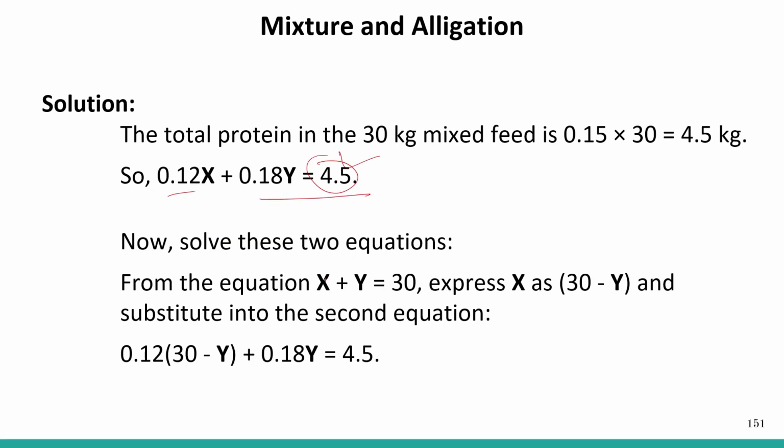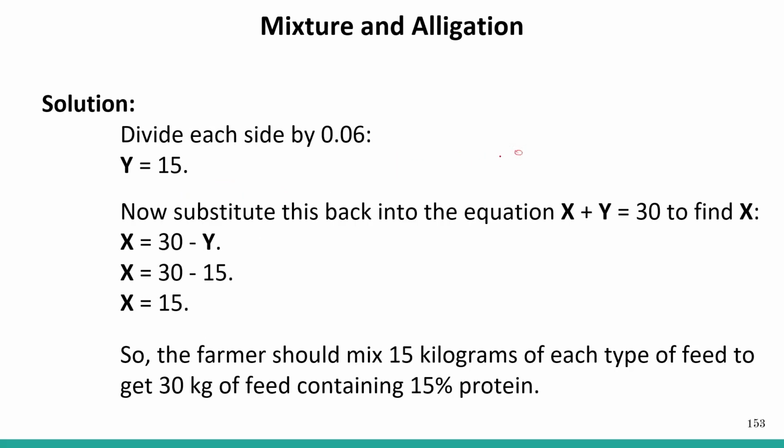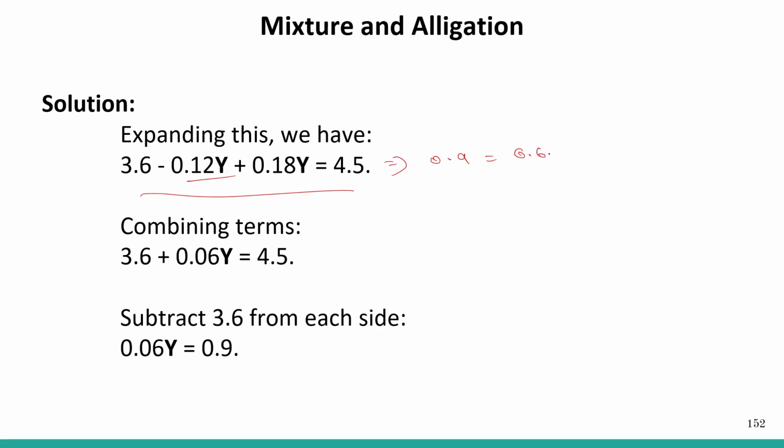So we solve the two equations, that is x plus y is equal to 30 and this algebraic equation. Putting x as 30 minus y, we are left with this algebraic equation. Solving this further, we can see that this needs to hold true.